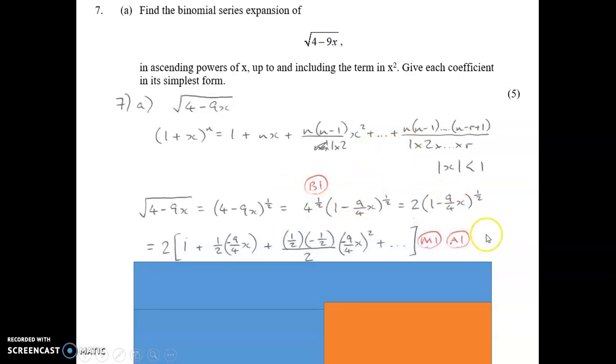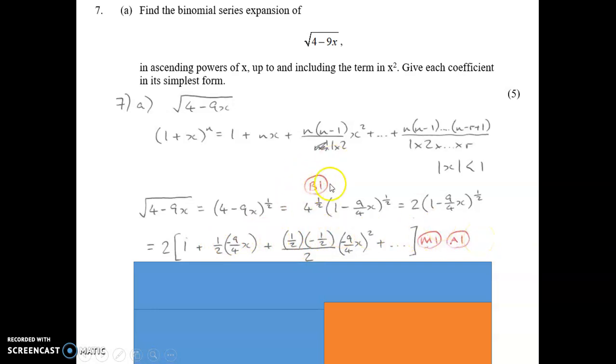So just pause the video, take a moment to check that you understand where this expression here comes from. So I've kept the 2 as I suggested we needed to, and then I've just substituted in negative 9 over 4 for the x's and a half for the n's. Okay.